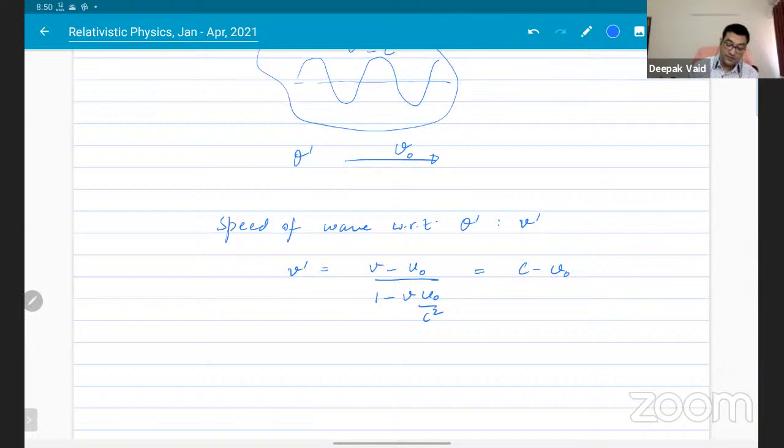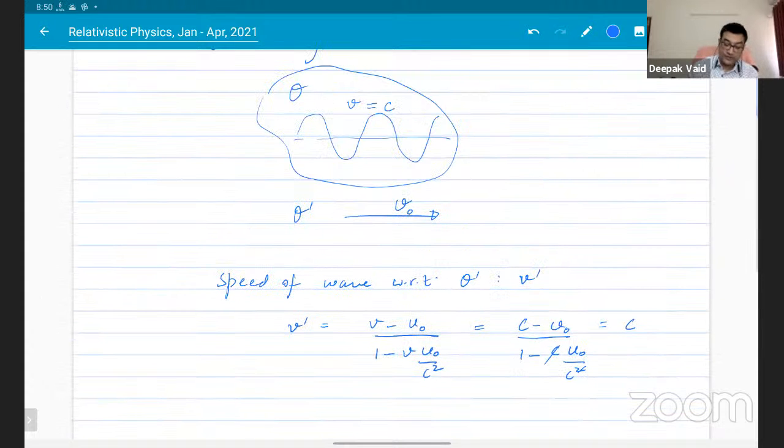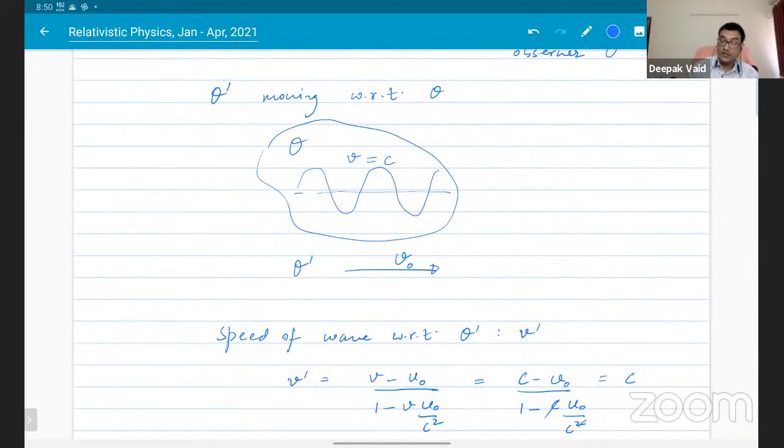This becomes c minus u naught over 1 minus c u naught by c square. This is equal to c, right? So this wave propagates at the same speed, no matter which observer is looking at it. The speed of this wave doesn't change. And this was the point at which Einstein discovered a collision between two different pillars of fundamental physics, right?